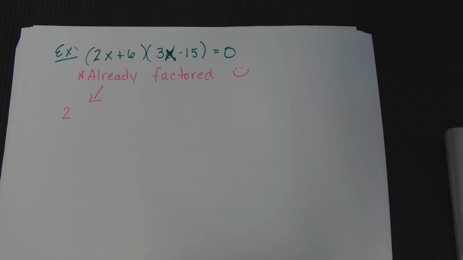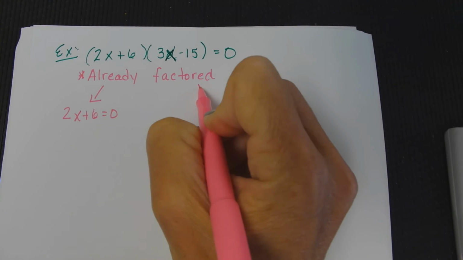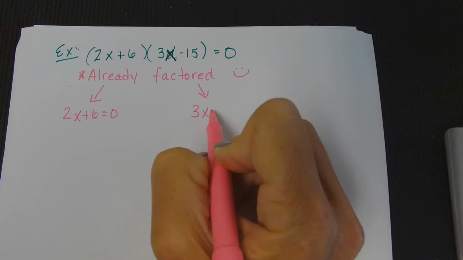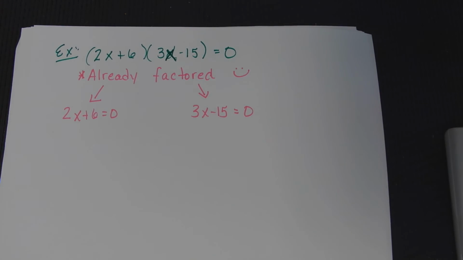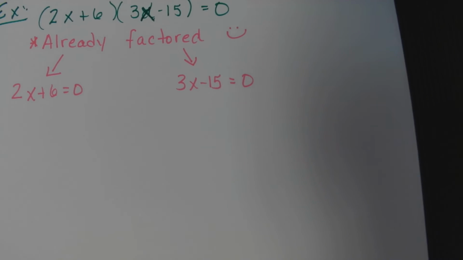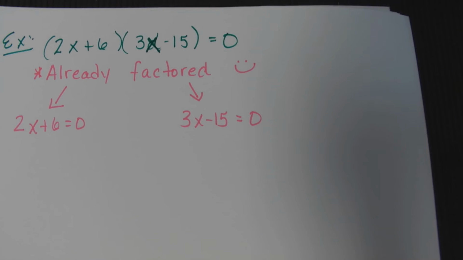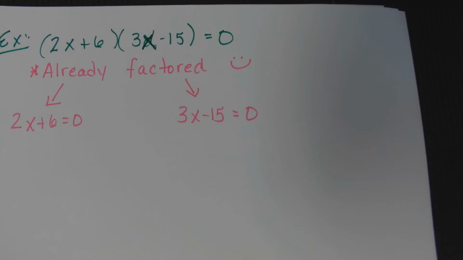Sorry. 2x plus 6 equals 0. And then you have 3x minus 15 equals 0.